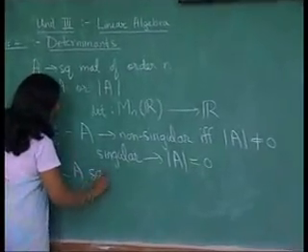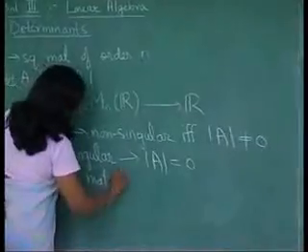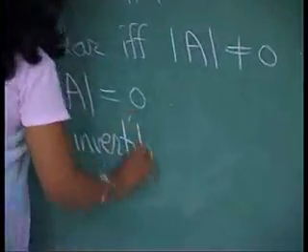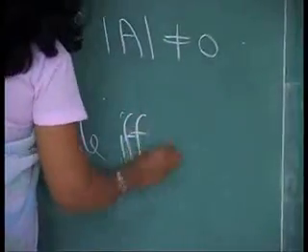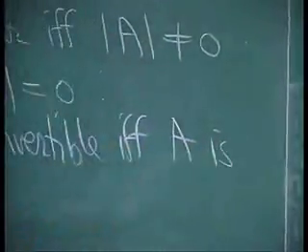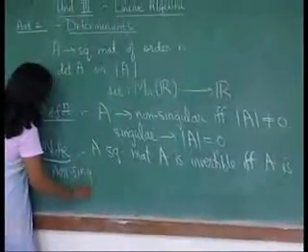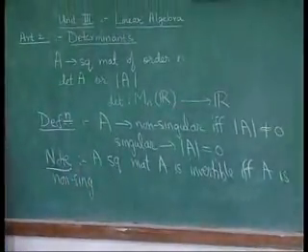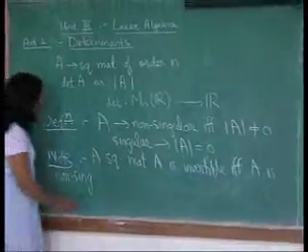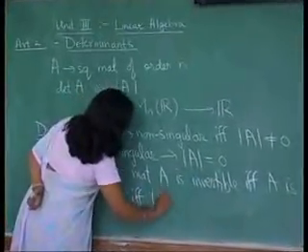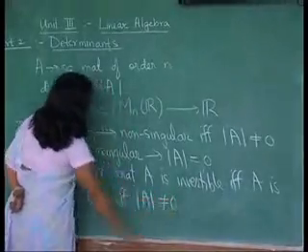A square matrix A is invertible if and only if A is non-singular. So a square matrix will be invertible, that means it will have an inverse, if and only if it is non-singular, that is, if and only if the determinant is not equal to 0.